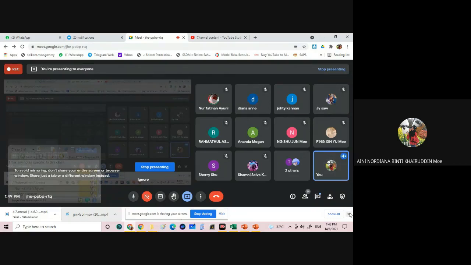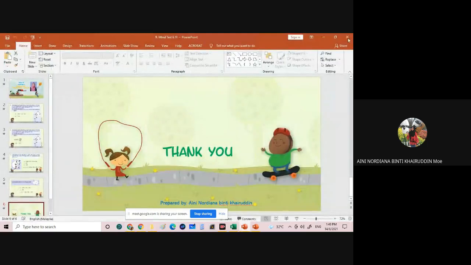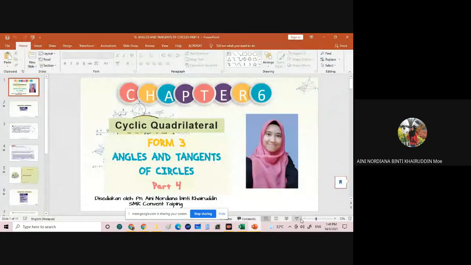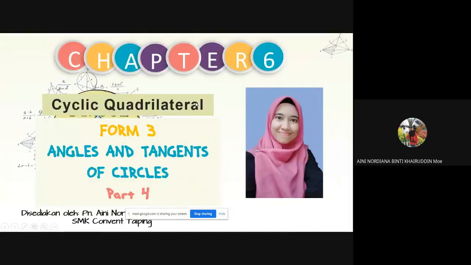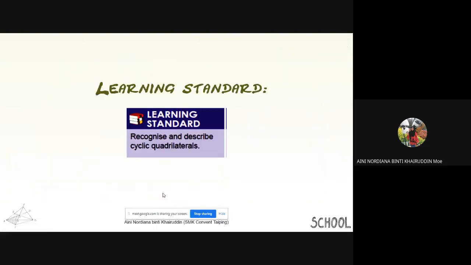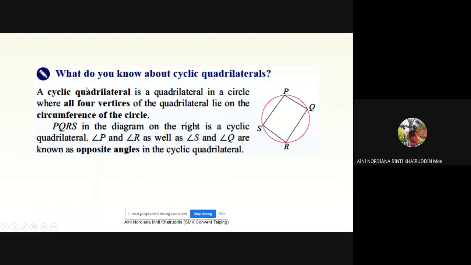Okay, so now we move to a new subtopic, which is cyclic quadrilateral, part 4. Our learning standard: recognize and describe cyclic quadrilateral. So what do you know about cyclic quadrilateral?